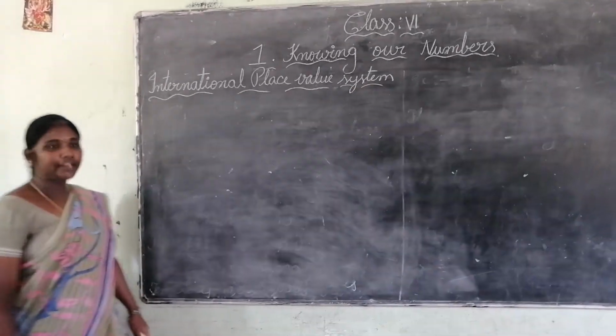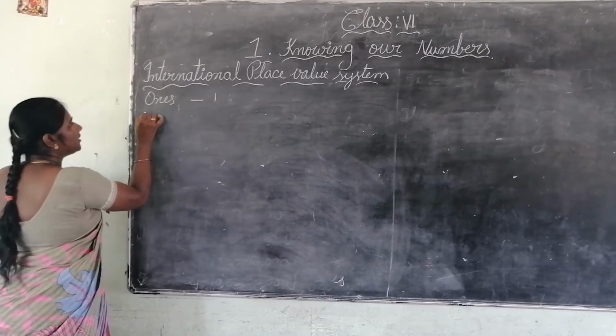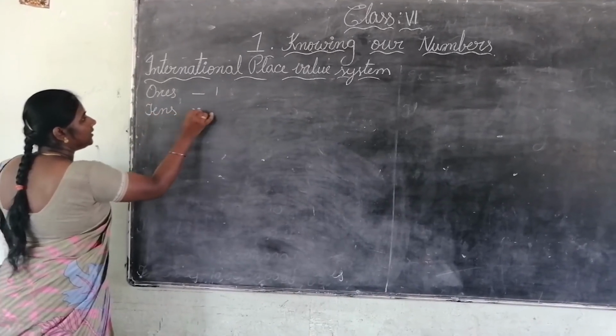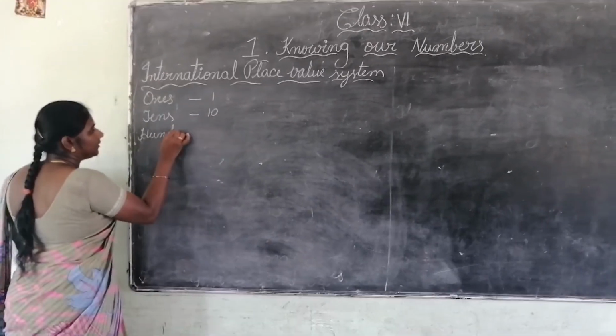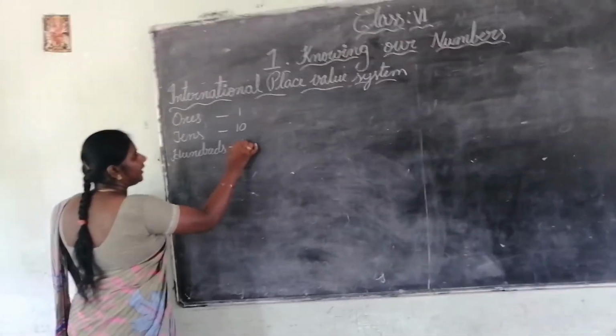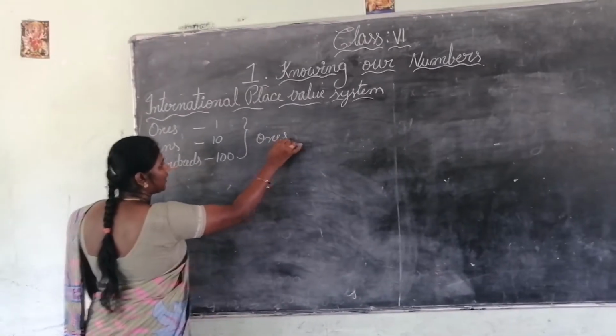The places in the international place value system: ones, 1, tens, 10, hundreds, 100. These three come under the ones period.